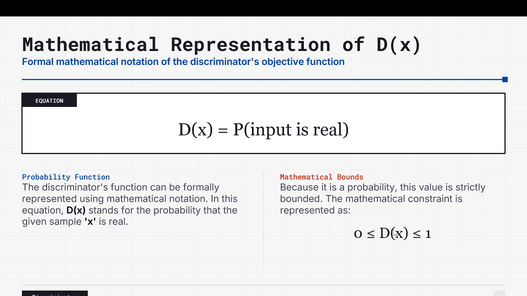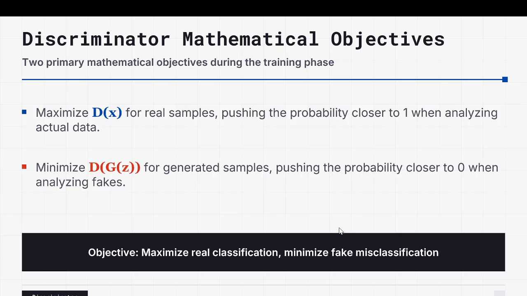If the discriminator provides a value of 0, then we can classify that as fake data. If D of x contains a maximum value of 1, then we can classify that as real data. If D of G of x contains a value of 0, then we can classify that as fake data.